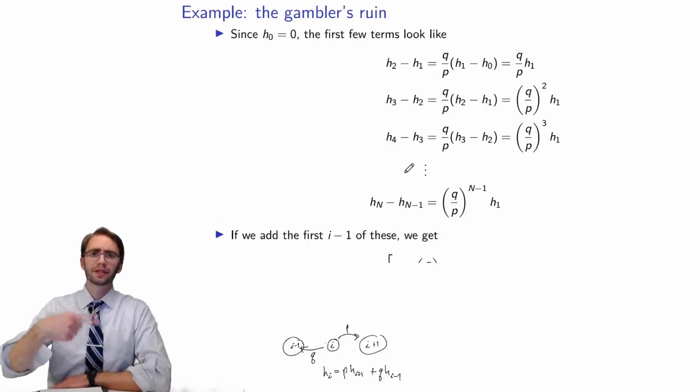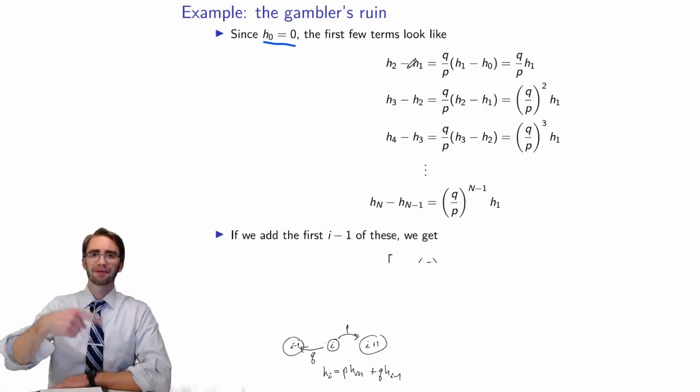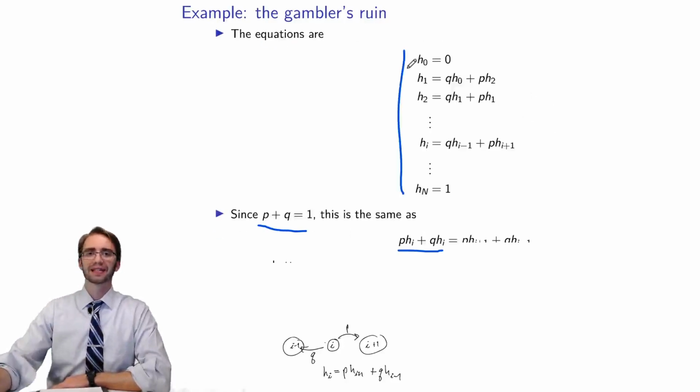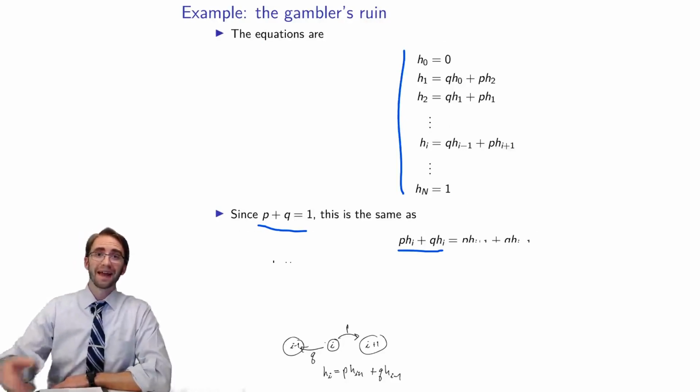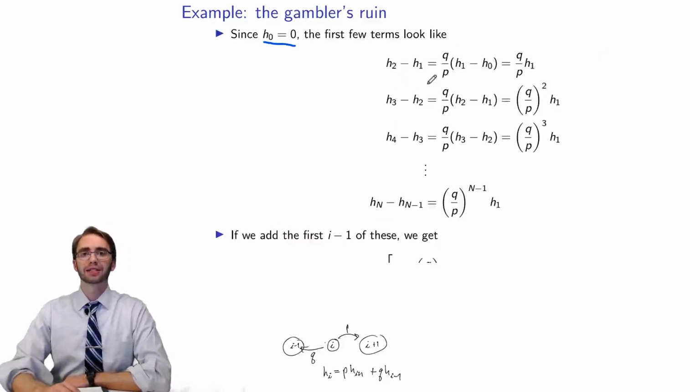So let's try building these terms up one by one. I know H naught is equal to 1, and so I can build the other terms off of that, because I had things expressed in this recursive fashion. We could work out that H2 minus H1 is Q on P times H1.